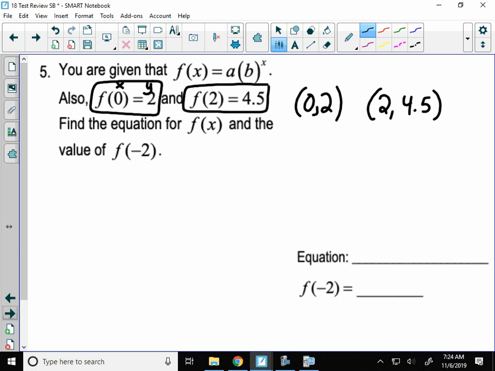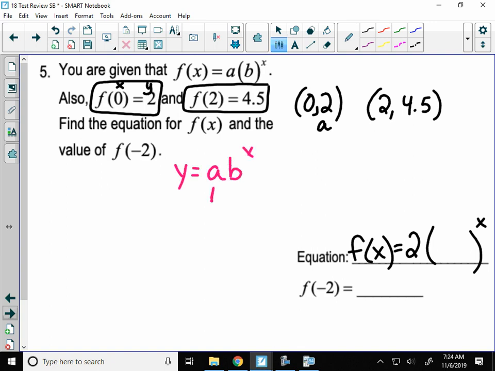Now for this one, this 0, 2, that's the y-intercept. That's the a. So when I write this equation, I know that a is 2. I don't know what b is yet, but I can find that. So this one's simpler than number 2, or number 4, I'm sorry, because I already know a. I know what can go in for a in this equation. So let's use the other ordered pair here.